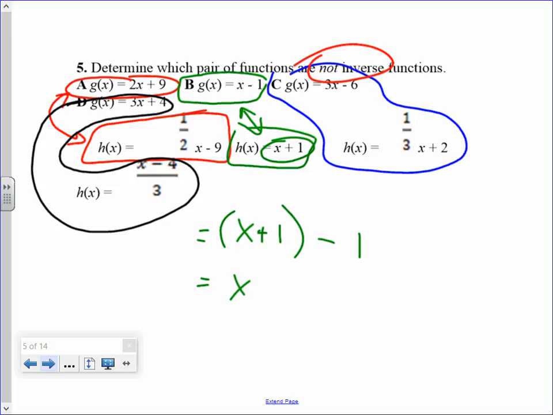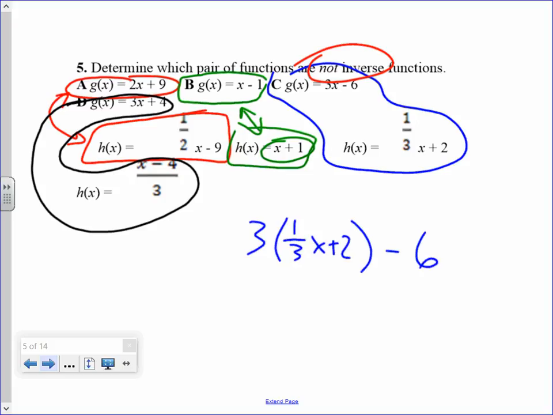We'll do C just to make it a little bit more complicated. So 3, and then the 1/3 x plus 2 minus 6. When you distribute the 3, you get x plus 6. And then the plus 6 and that minus 6 over here cancel each other out.